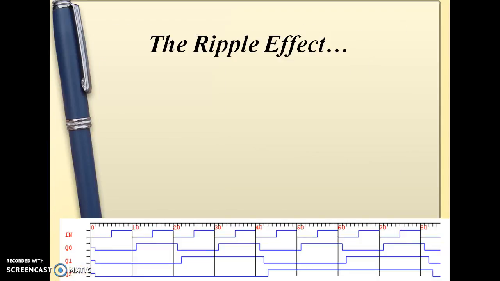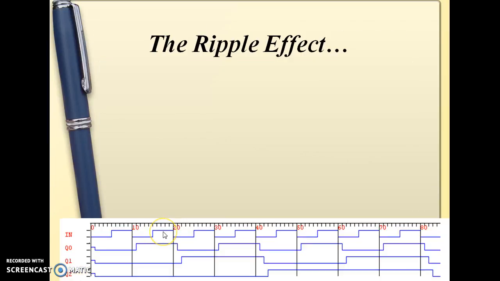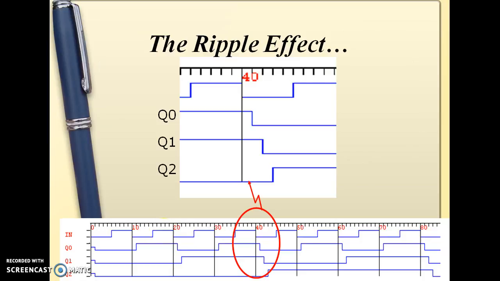Now the main disadvantage of an asynchronous counter is the ripple effect. In the previous cases, we considered all the flip-flops to be ideal, but in actual practice there will be a delay for every electronic component. So it will take some time for a flip-flop to respond to a clock input. It won't respond ideally like this; it will respond like this.